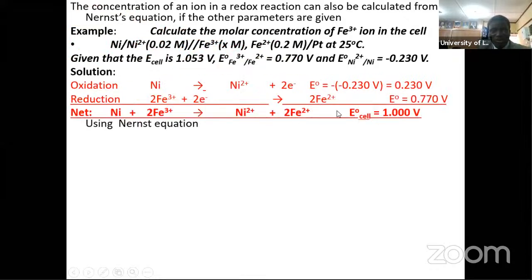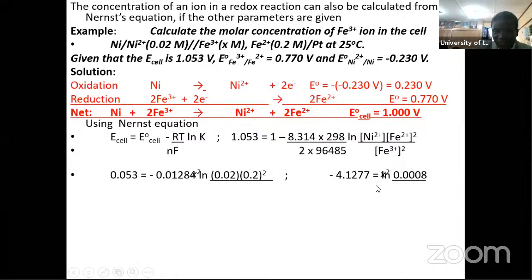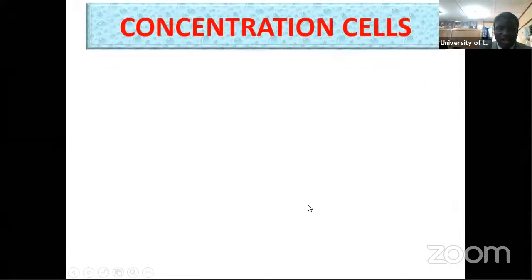Instead of putting the value of your Fe plus here, you put your X as the value of the concentration. And the E cell you have been given, so you just substitute into it, and then you get the value of your X. So these are examples that you can go through.